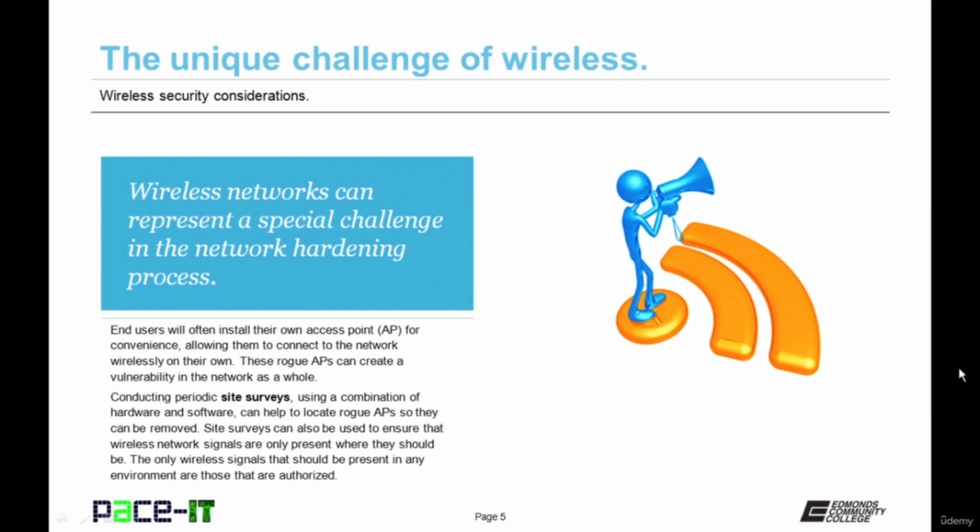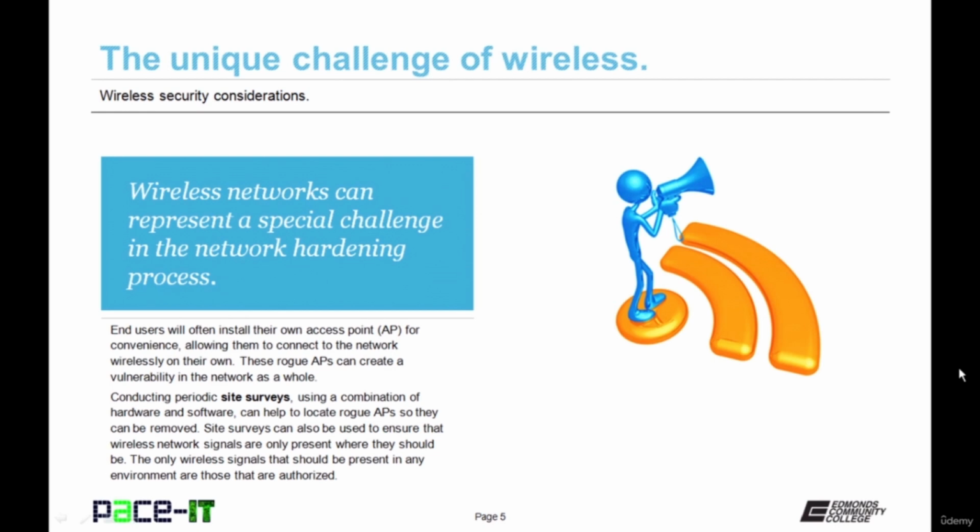Also, end users will often install their own access points for convenience, allowing them to connect to the network wirelessly on their own. These rogue access points can create a vulnerability in the network as a whole. One method of combating these rogue access points is by conducting periodic site surveys.